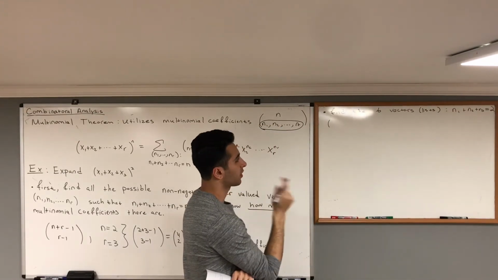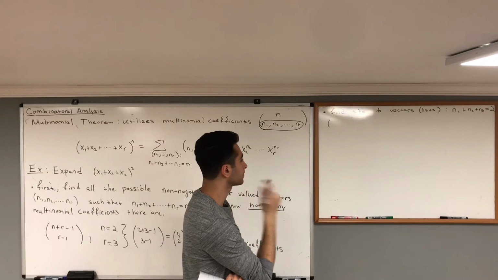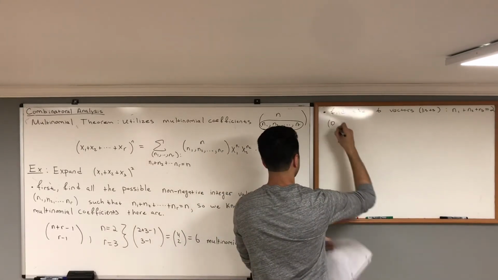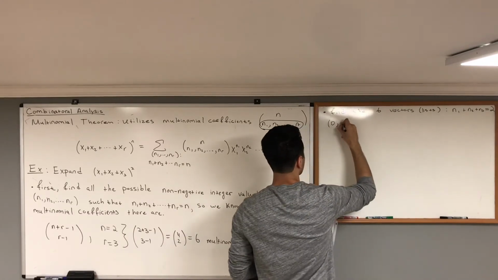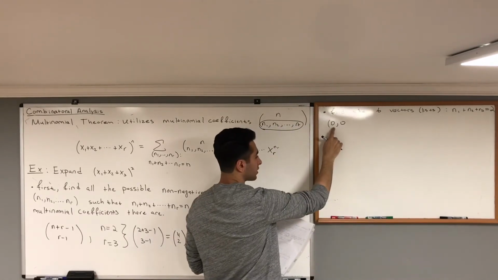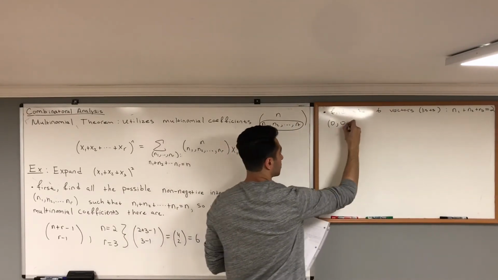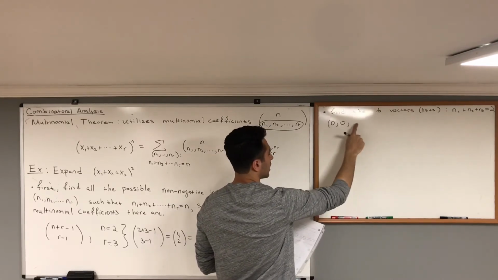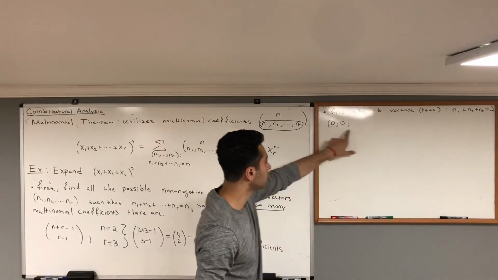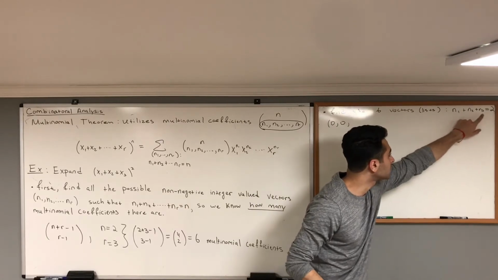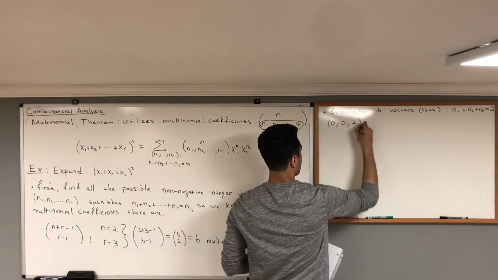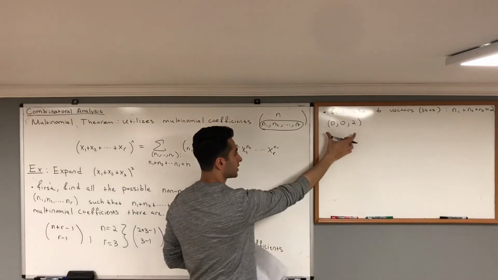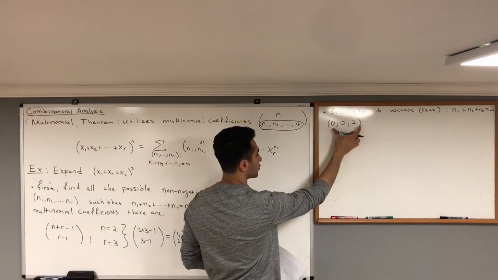Okay, so what can I pick for N1 first? Well, let me pick 0. And let me pick 0 for N2 as well. The first term here represents N1. The second term represents N2. That means if N1 is 0 and N2 is 0, that must mean N3 has to be 2. And I found my first vector. This is the list of N1, N2, N3.